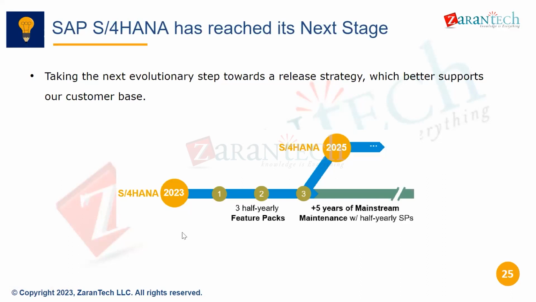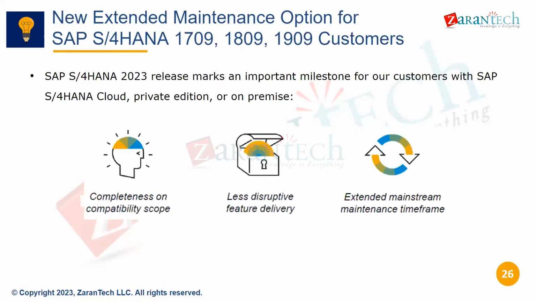Okay, but in between, if any small changes or break fixes are required, those will be released with half-yearly feature packs. Earlier, we had quarterly feature packs. Now, it will be half-yearly feature packs. This is the major change in the release strategy of SAP.